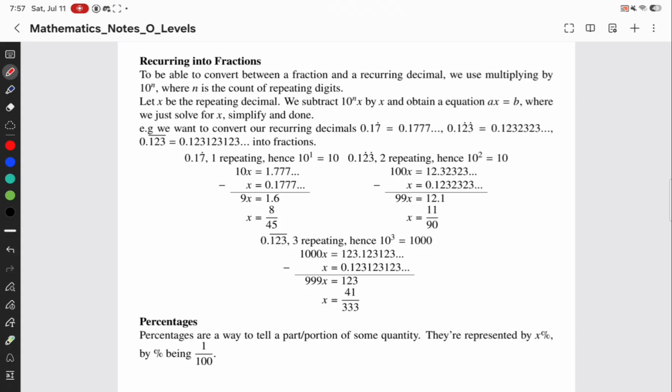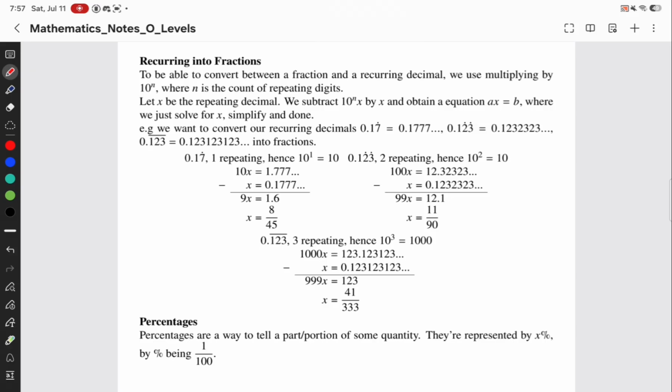To convert between a fraction and a recurring decimal, we multiply by 10 to the n, where n is the count of repeating digits. Let x be the repeating decimal. We subtract x from 10 to the n times x and obtain an equation ax equals b, where we solve for x, simplify, and done.